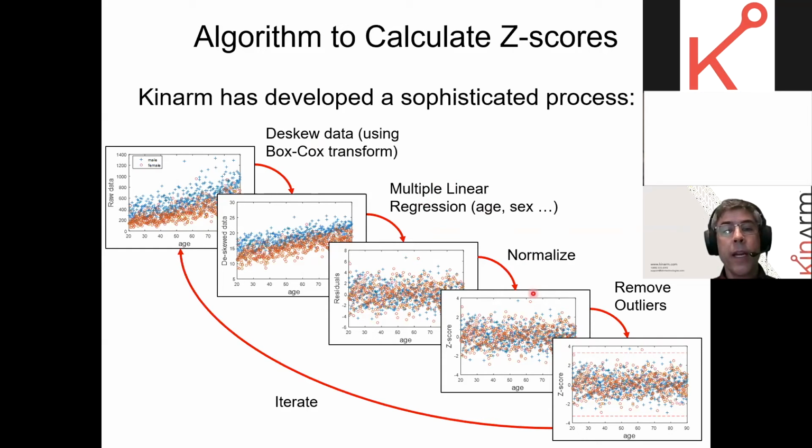We then can normalize the data, and then we go through an outlier removal process, and then this gets iterated. Obviously, there's a few subtle details that aren't captured here, but this really is providing an overview of the main issues here. And we've spent significant time over the years refining this and, more importantly, verifying and validating this kind of process.